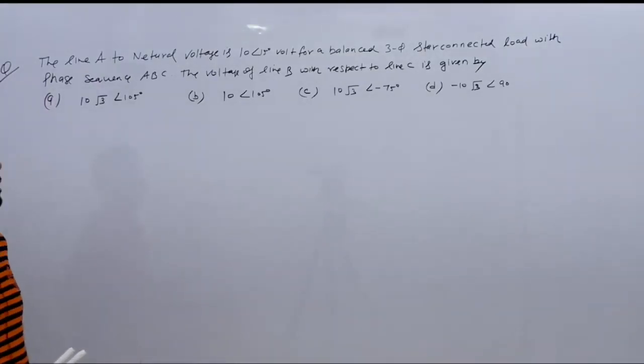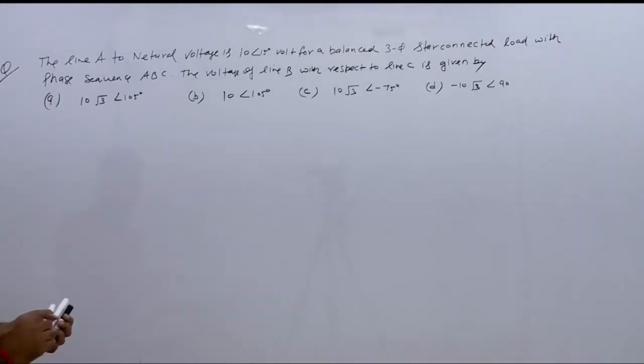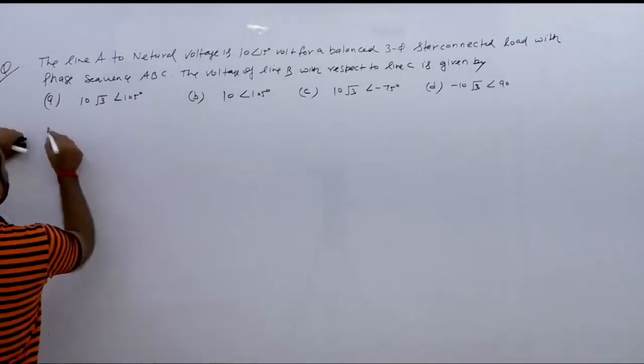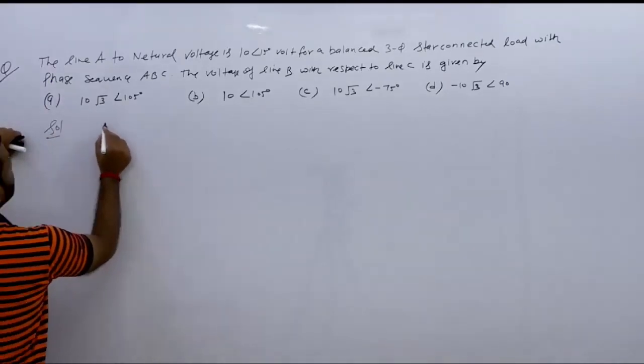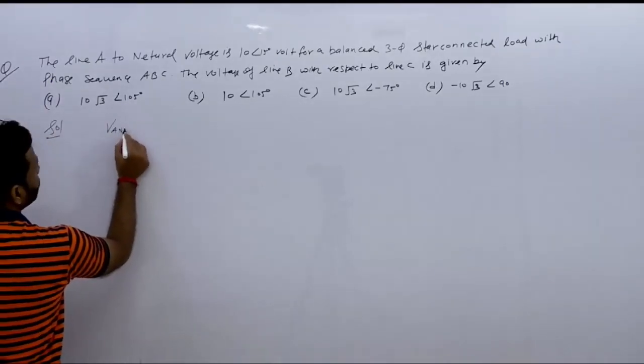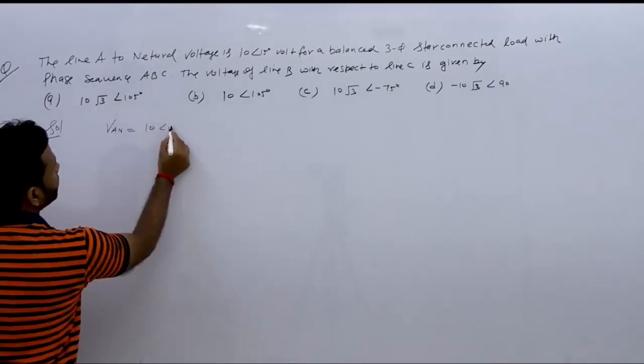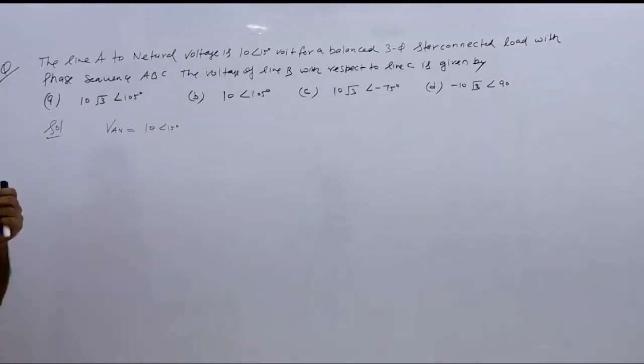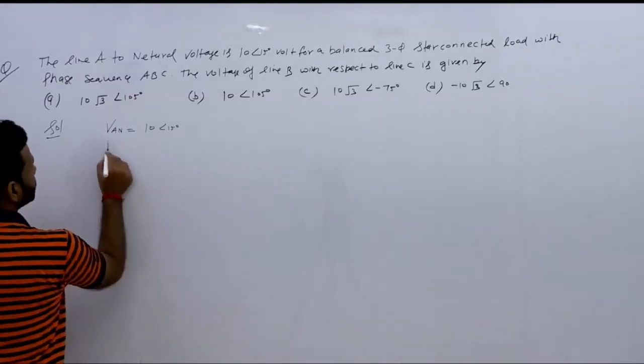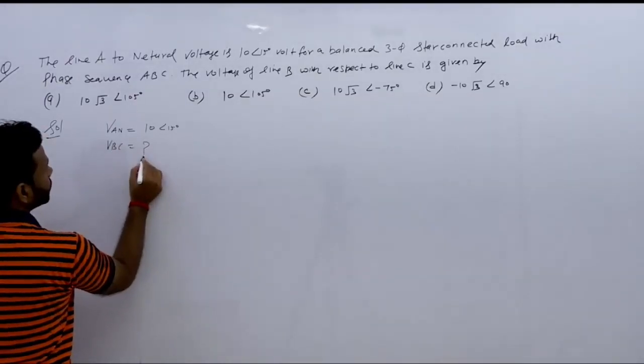ना. सो एक बार रीड कर लेते हैं क्वेश्चन. The line A to neutral voltage, that is in the question they have given VAN, that is 10 angle 15 degree. Okay, so they're asking to find VBC.